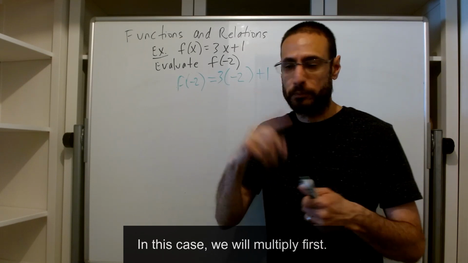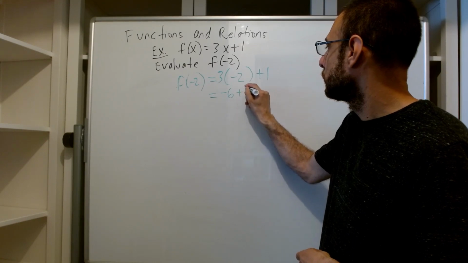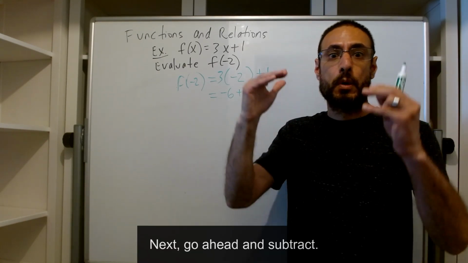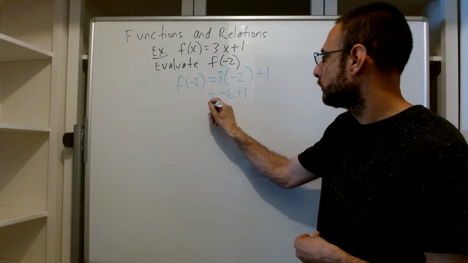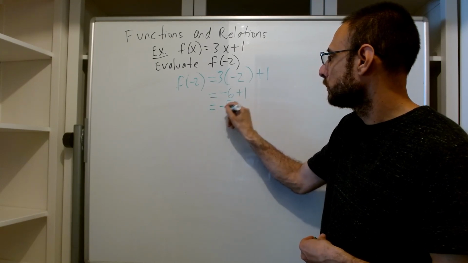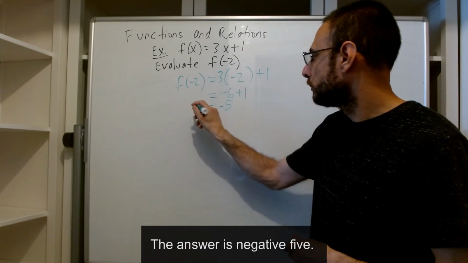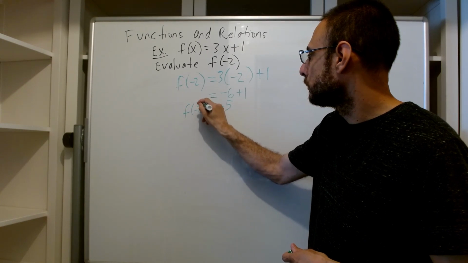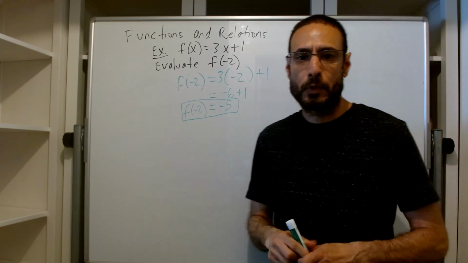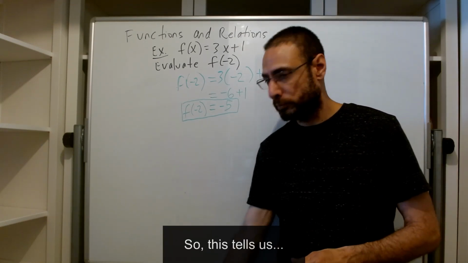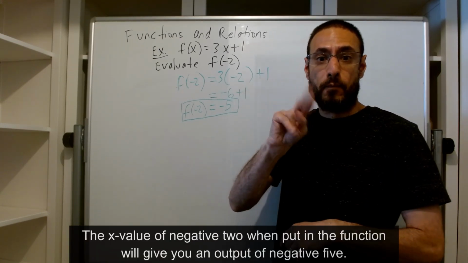In this case, we will multiply first. Next, go ahead and subtract. The answer is negative 5. So, this tells us the x value of negative 2 when put in the function will give you an output of negative 5.